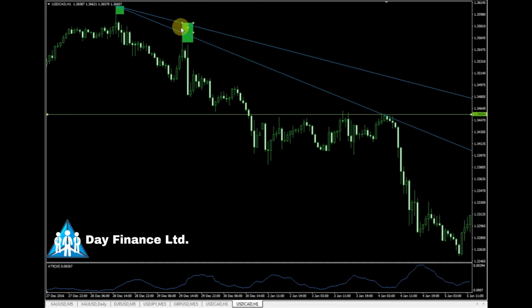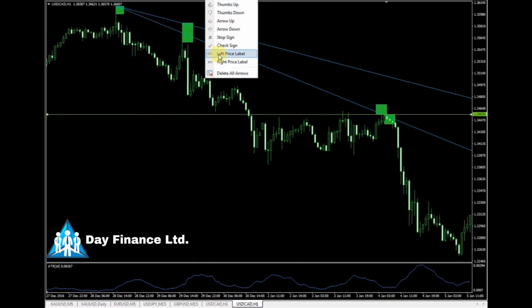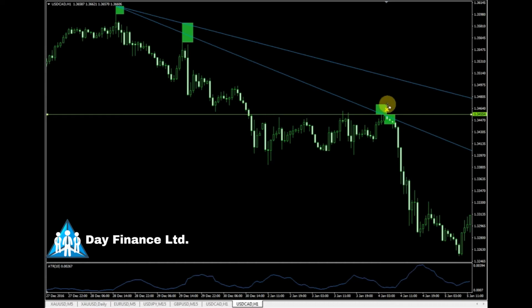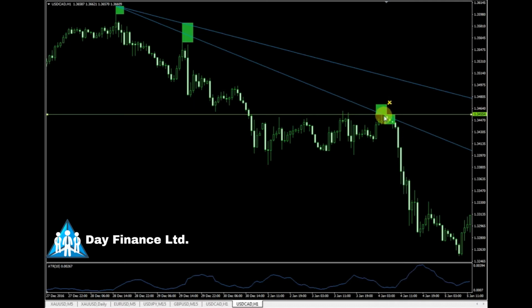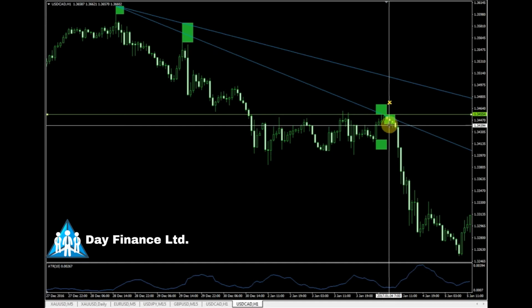I will use this value for my target and for my stop. But my stop will be one time the value itself plus the spread, whatever your spread is. So I will enter here, and then my first target will be here.